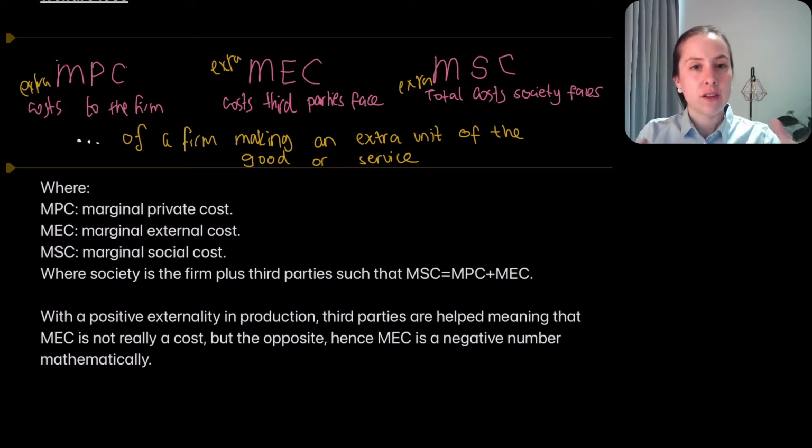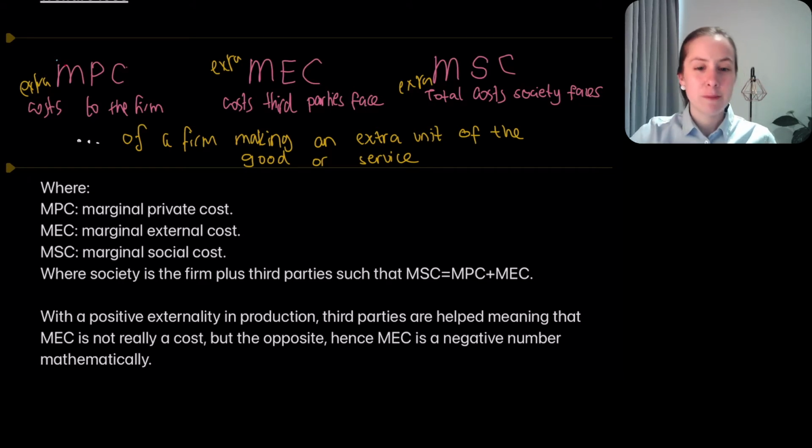MEC is the cost that the third parties face, the extra cost they face because of this extra unit made. MSC, the addition to total costs that society faces because of this extra unit that the firm makes.